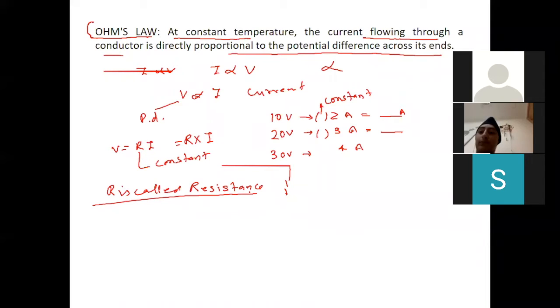Or we can say, suppose V equal to RI, so R equal to V by I. So we can say that the ratio of potential difference applied between the ends of the conductor and the current flowing through it is a constant quantity called resistance.